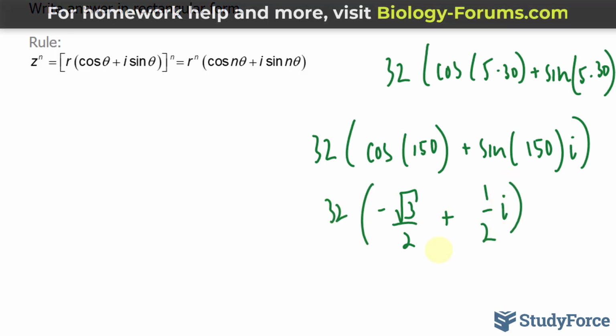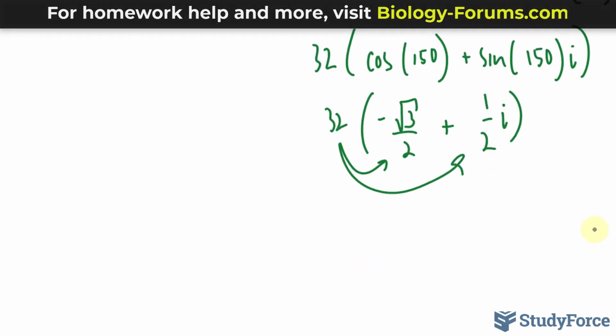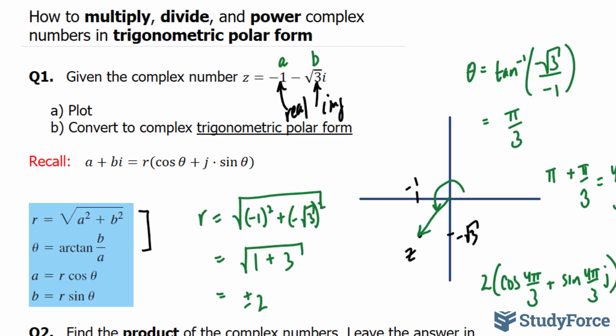Multiplying this 32 into these two terms, 32 times negative square root of 3 over 2 is negative 16 times the square root of 3, plus 16i. And there you have it. 4 examples on how to multiply, divide, and power complex numbers that are in trigonometric polar form.